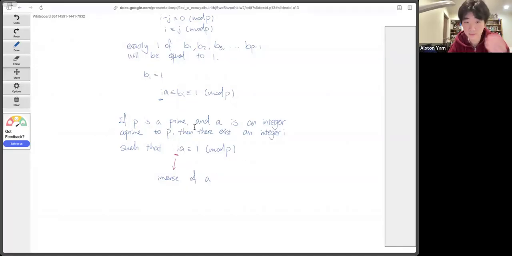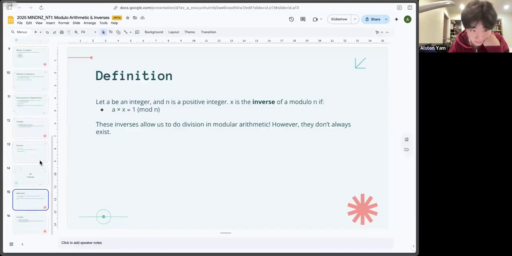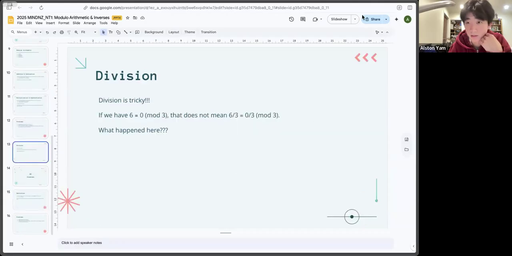So if we go back to our slideshow, let's think about it this way. If we go back to our slideshow and we had this example over here, 6 is congruent to 0 mod 3, but that does not mean 6 divided by 3 is congruent to 0 divided by 3. Why is that? Well, we have divided by 3 here.